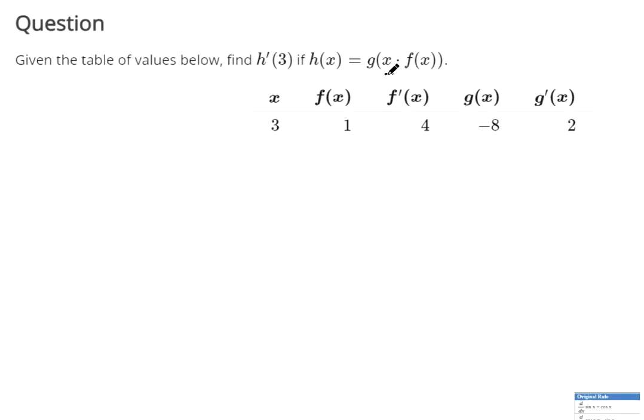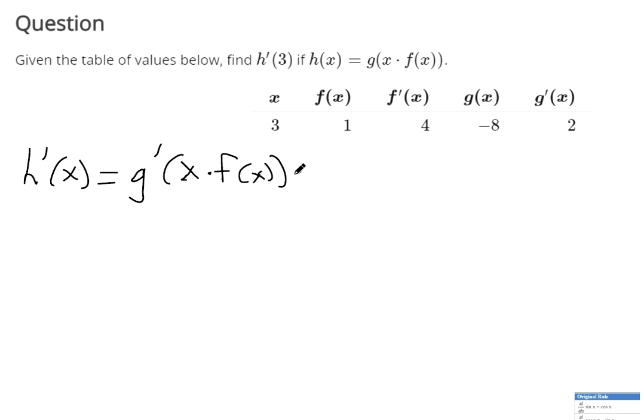This one's a bit trickier because of the x that's being multiplied on the inside. So let's write out with notation what h prime of x, the derivative of h, is. It's the derivative of the outermost function with the innermost function kept the same, multiplied by a derivative of the innermost function. That requires the product rule because this is a function of x.